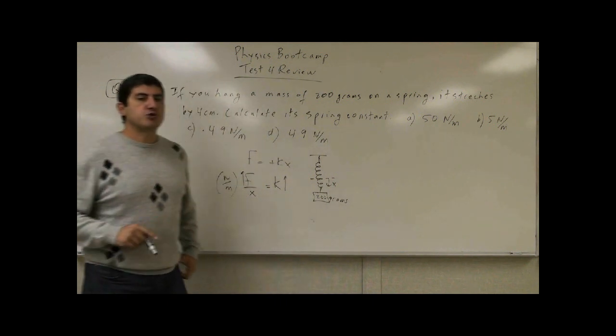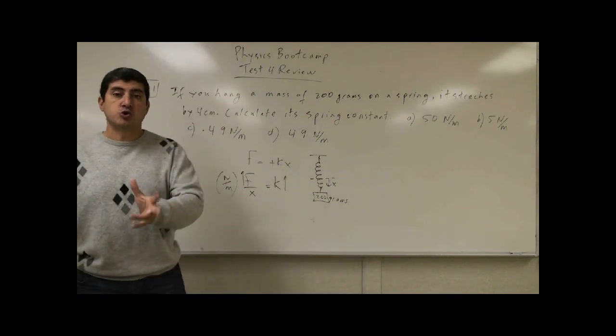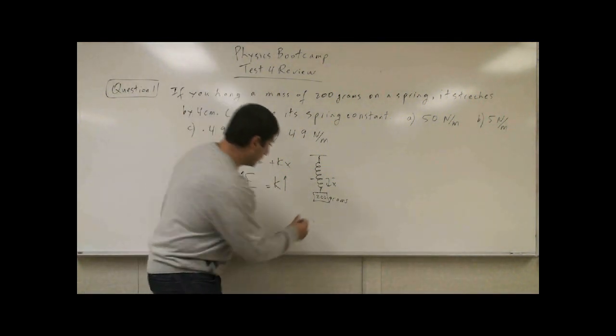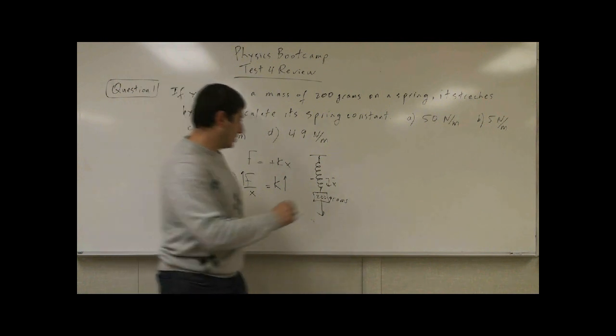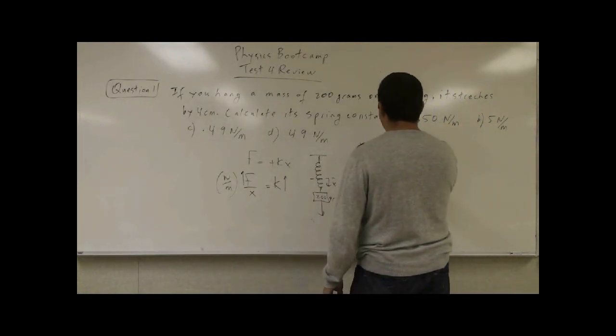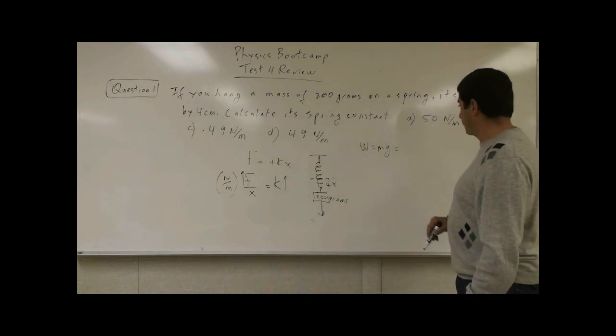For this problem, the tricky part is you have to make sure to convert the mass into newtons. What is the weight of 200 grams? Well, weight equals mg, so we use what we know from dynamics.